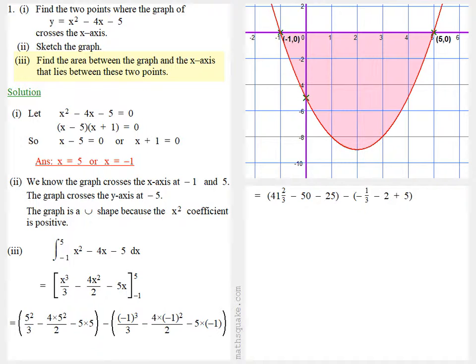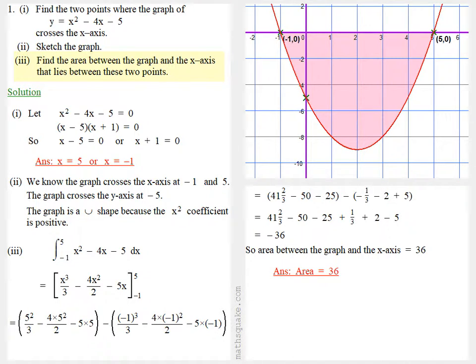Well, we can eliminate the brackets, and that gives us minus 36. So the integral gives us minus 36. So the area between the graph and the x-axis is plus 36. So our answer is the area is 36.